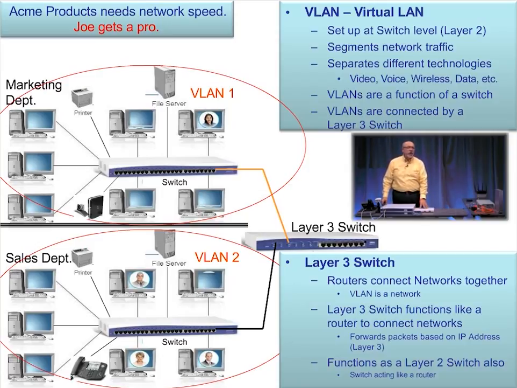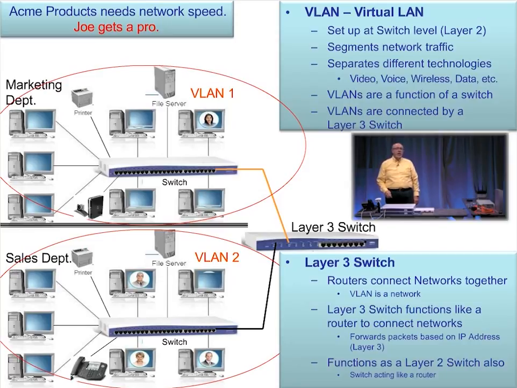A layer 3 switch functions like a router to connect networks together, which means that it forwards packets based on the IP address, which also means now that every device in Susan and Joe's network has to have an IP address, not just a MAC address, to get them from one network to the other. And a layer 3 switch also functions as a layer 2 device. So it's a switch acting like a router. That's the layer 3 switch.